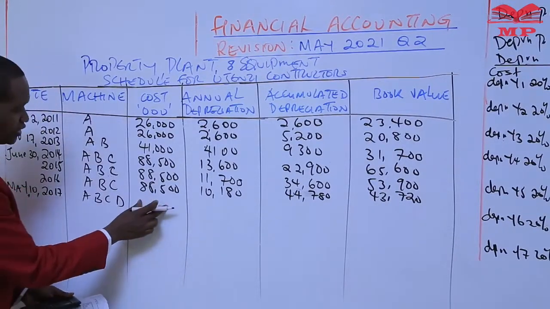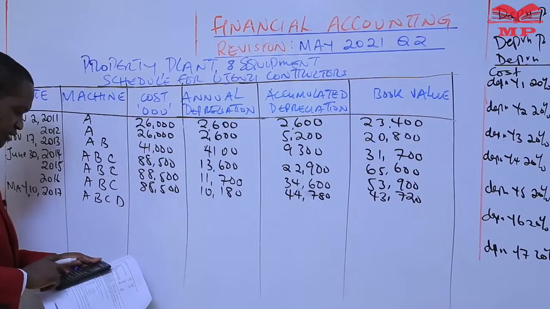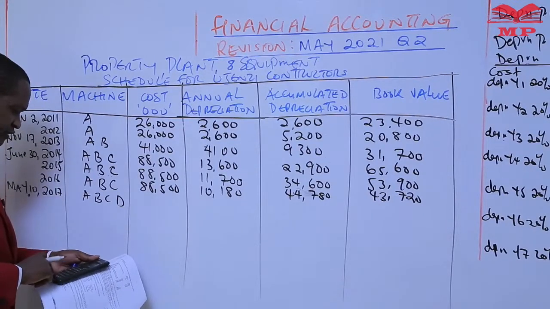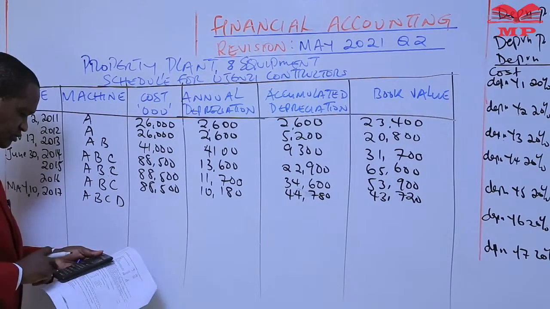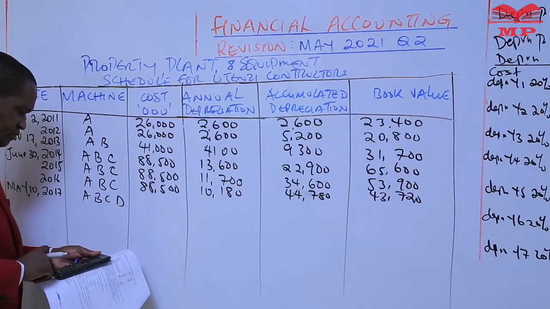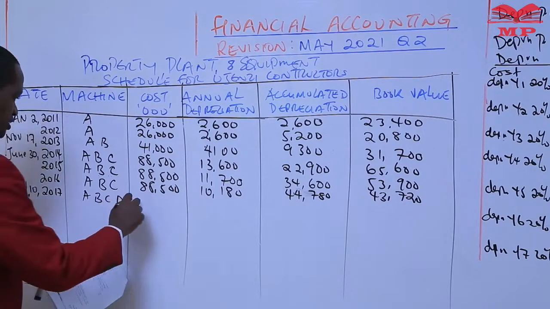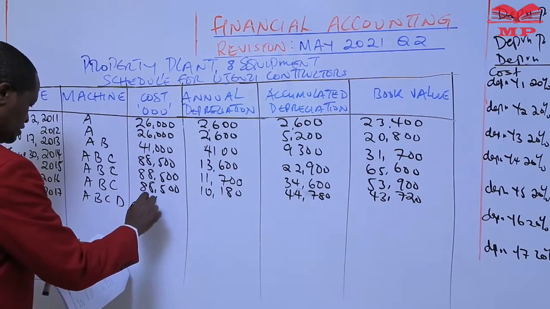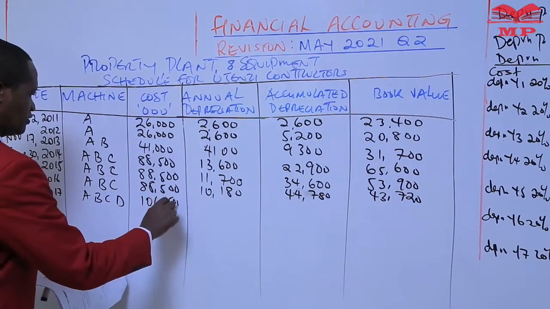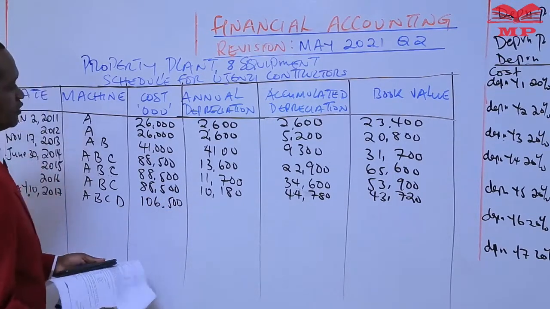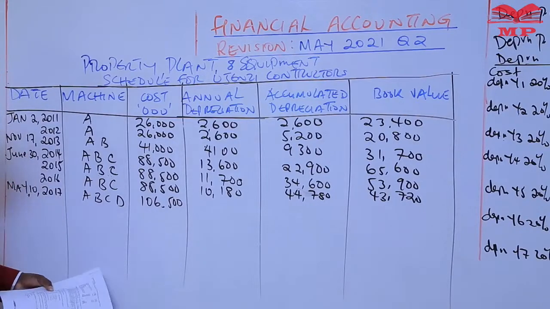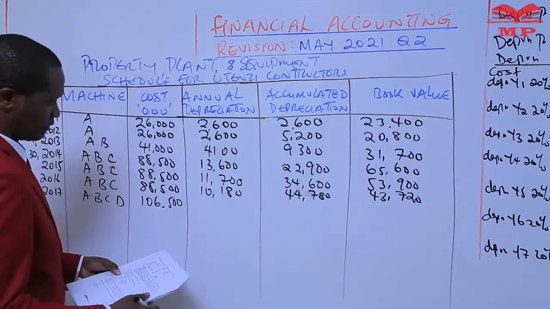Therefore, the accumulated cost is going to be 88,500 plus 18 million, which is 106,500. Then we'll move on to calculate the annual depreciation.